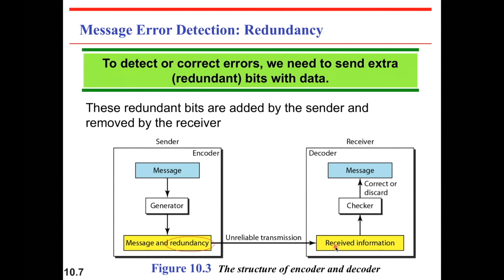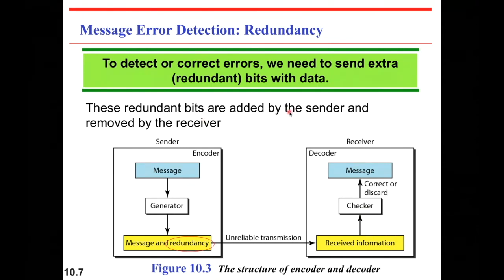Let's say it is 3 or 5. Now extra information generated on your side will not match the extra information that I sent because the message now is changed. Here I wanted to send you SLAM, salam, but you received due to some error SLEM. Of course, your generator here will not generate the same number because the text is different, data is different, so extra or redundant information will be different. It will not match with what I sent to you.